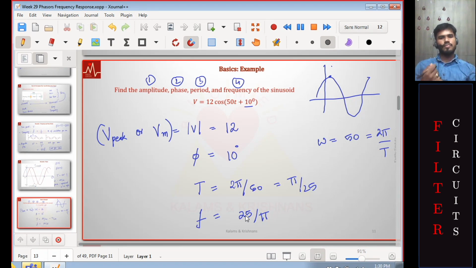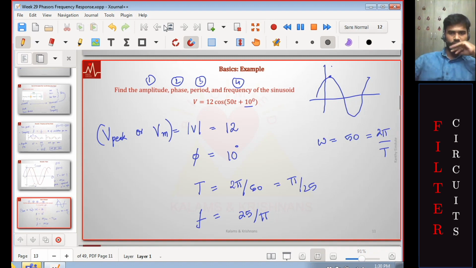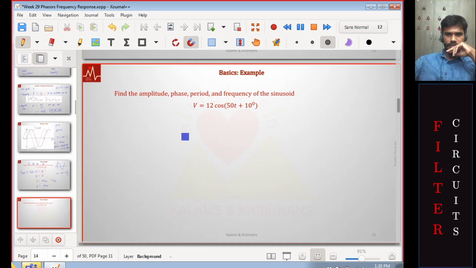Okay, here itself, a couple of difficulties are starting to show up, which are actually very, very important from the perspective of even GATE. That is, notice there is a difference between V peak and V RMS.